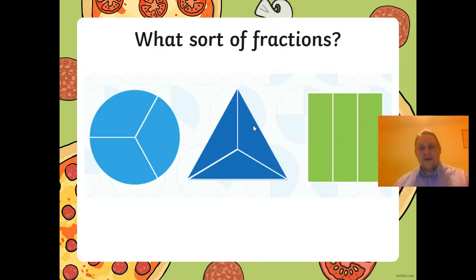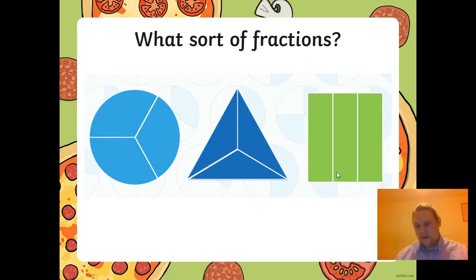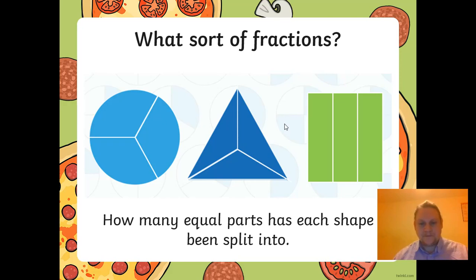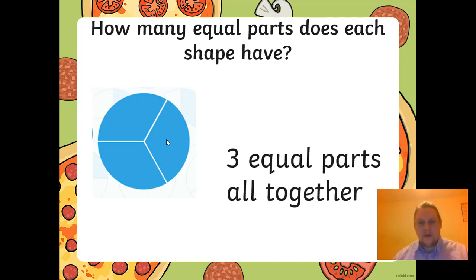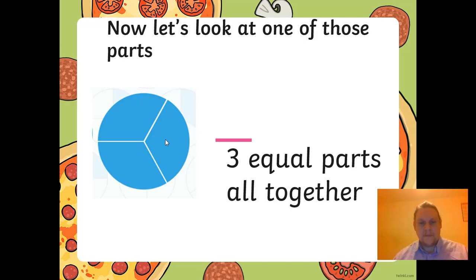What sort of fractions are these? How many equal parts have they been split into? Let's see. How many equal parts does a shape have? Well, it has 1, 2, 3 equal parts altogether. So that's our bottom number. And we put a line.